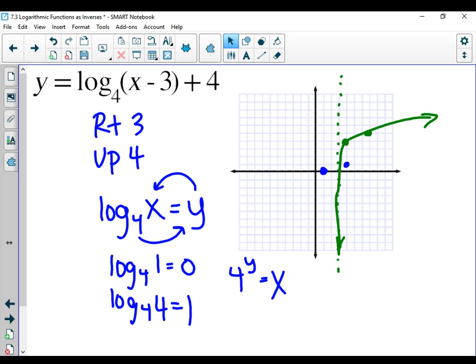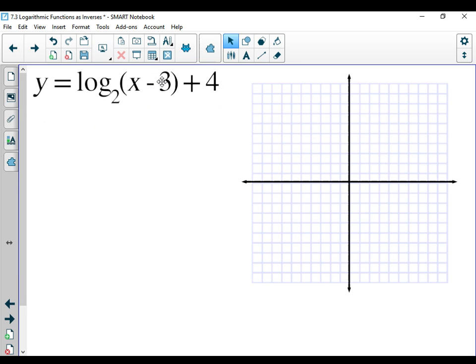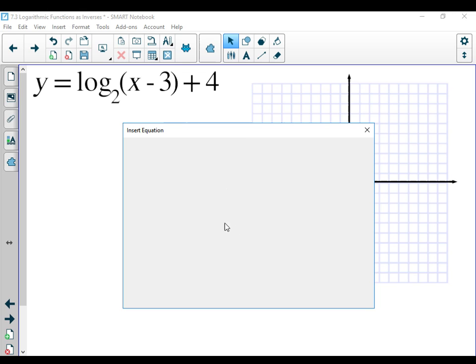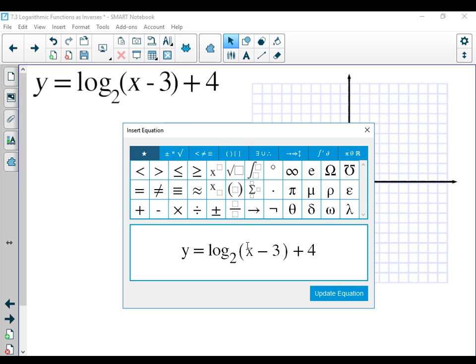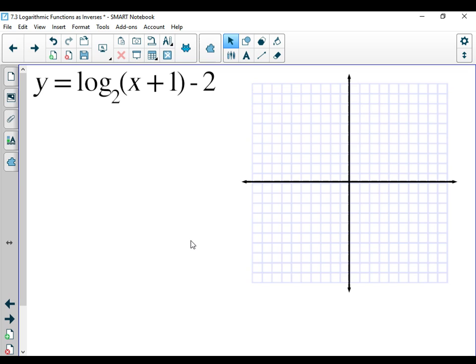All right, let's try another one of these. I need to change these numbers because they're the exact same numbers. Let's do +1 and -2. Go ahead and graph that. Tell me my transformations and graph.